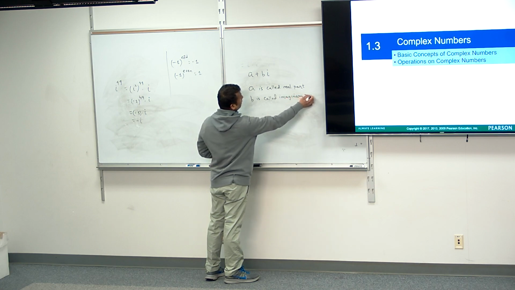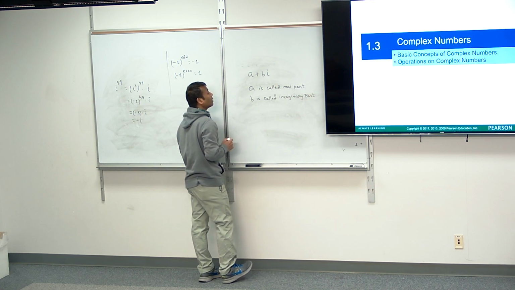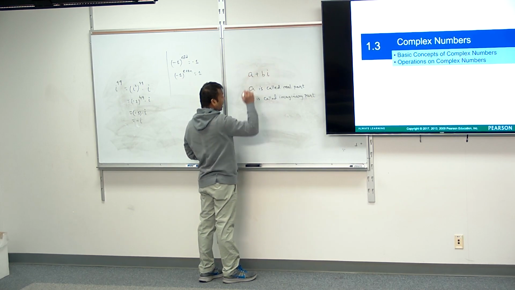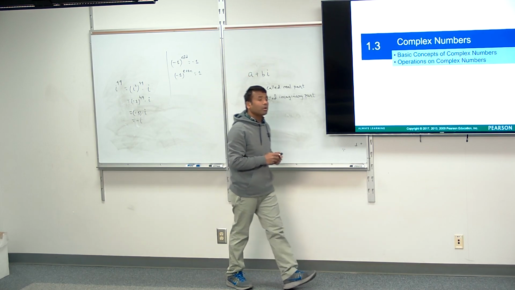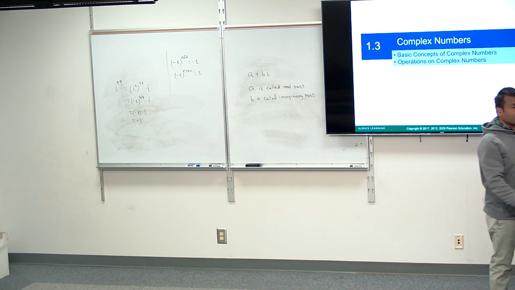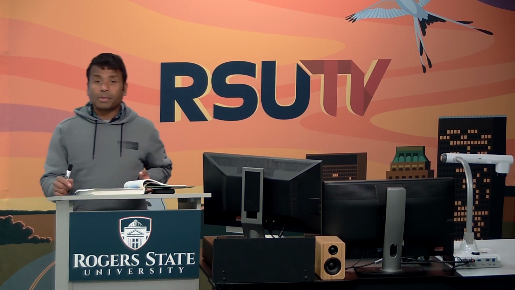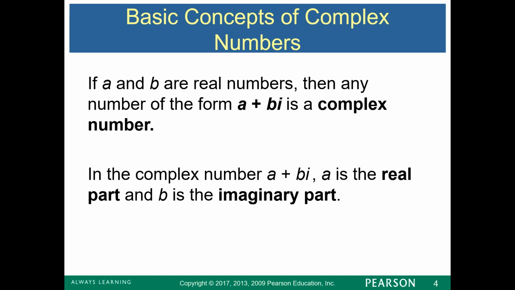So any number in the form of a plus bi where a is called the real part and b is called the imaginary part is called a complex number. You see that? Can you look at the slides? If a and b are real numbers, then any number of the form a plus bi is a complex number.